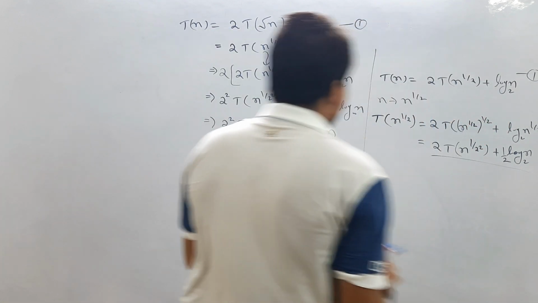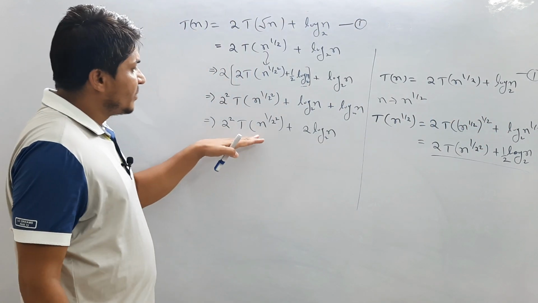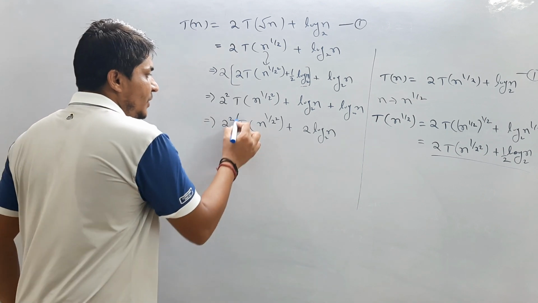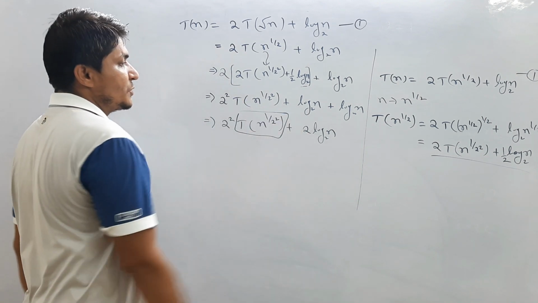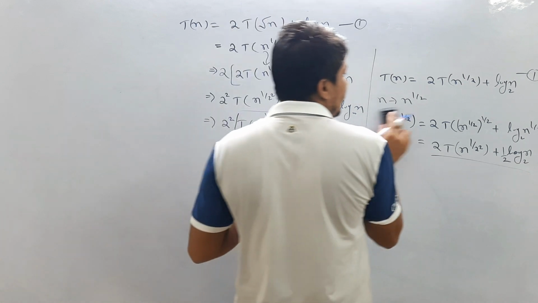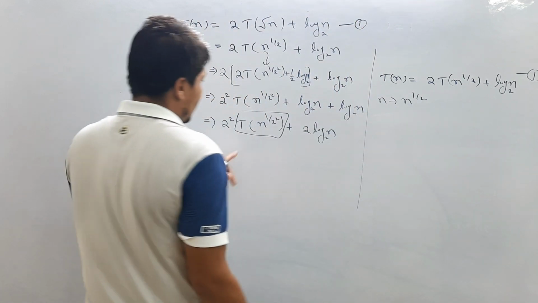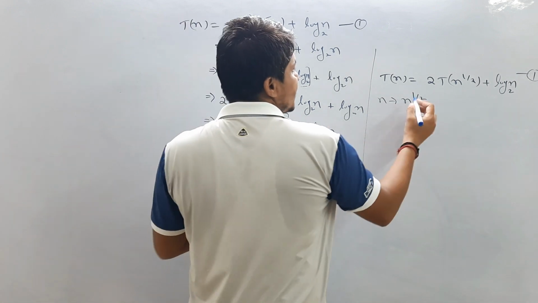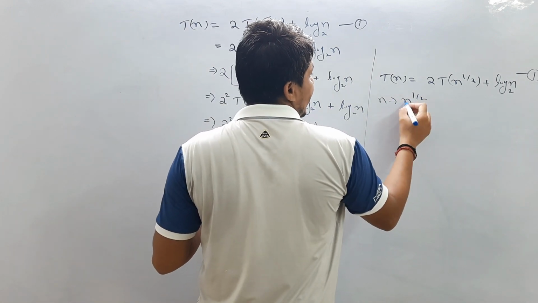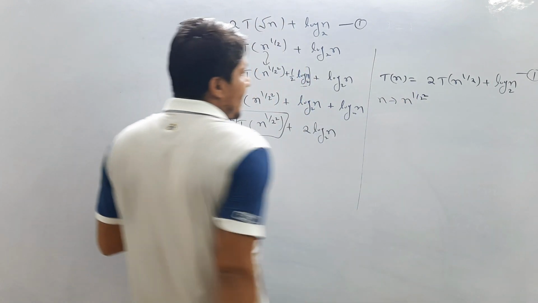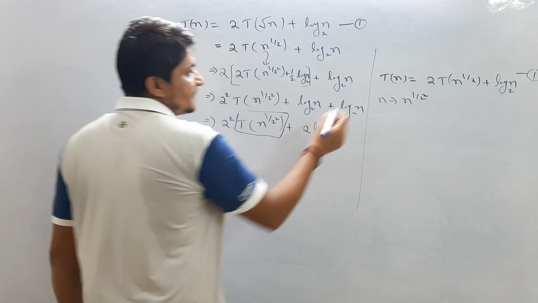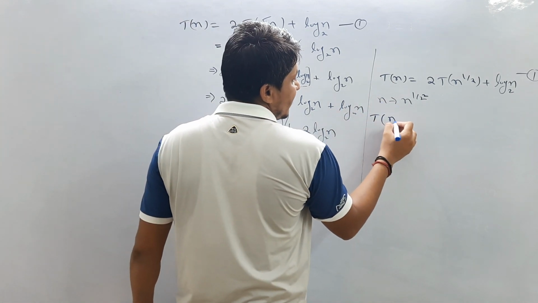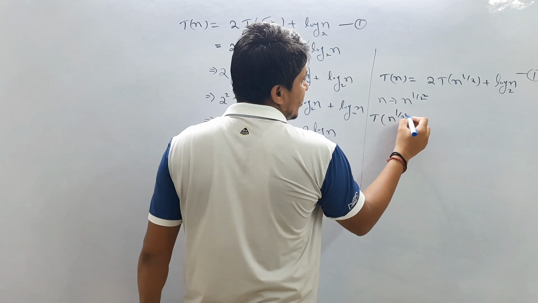So let us substitute one more time the value of T of n raised to power 1 upon 2 square. Let us see how to find the value of T of n raised to power 1 upon 2 square. Simply I will replace n by n raised to power 1 upon 2 square. So this is going to be T of n raised to power 1 upon 2 square this time.